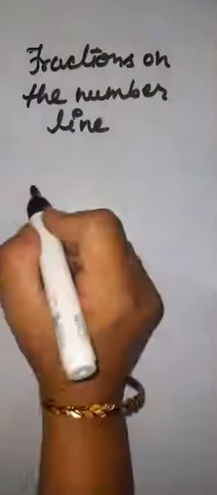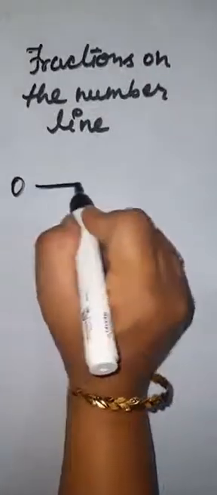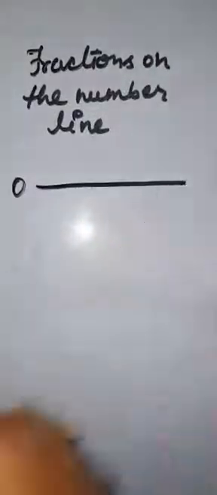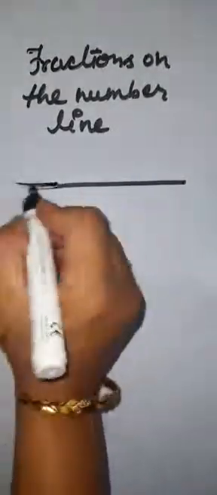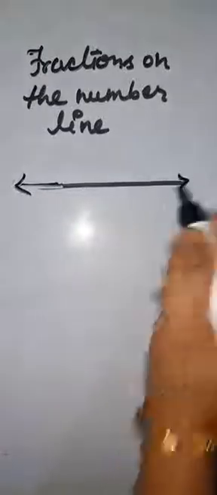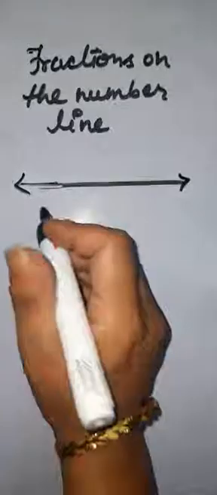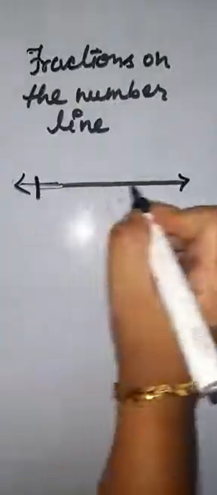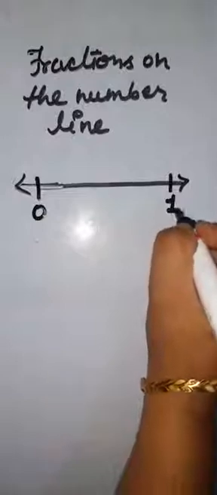We can mark points 0 and 1. So I am drawing a number line here. So I'm just marking it. Right. So this is the number line. We can extend this number line in this side and in this side. So this is from 0 to 1. This is 0. This is 1.